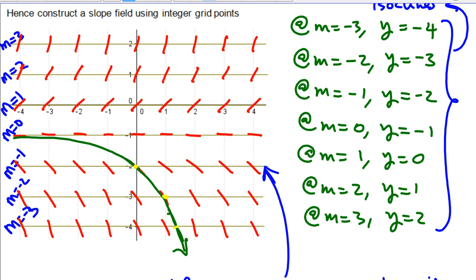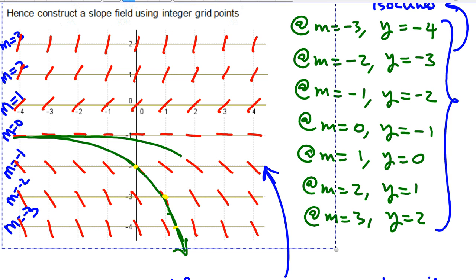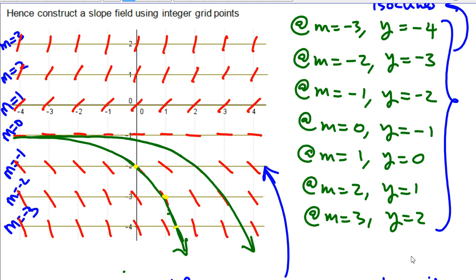Another function that we can get from this could be something like this. So you have something like that. Okay, so this one here, all right, that's another possible function that you can get from this, or I can also come up with this one.